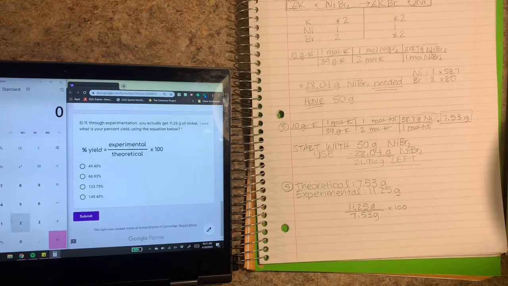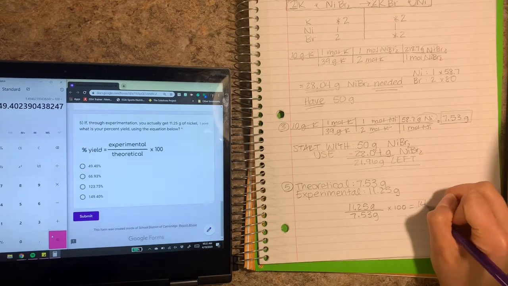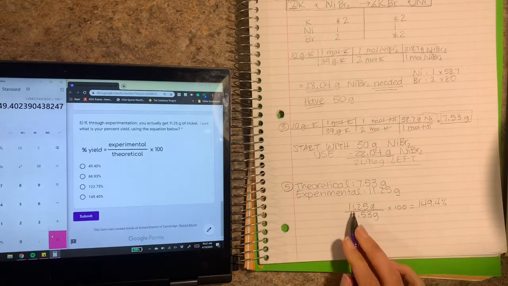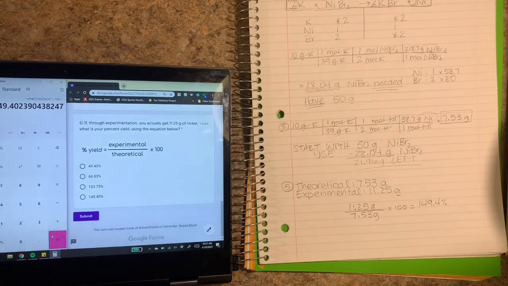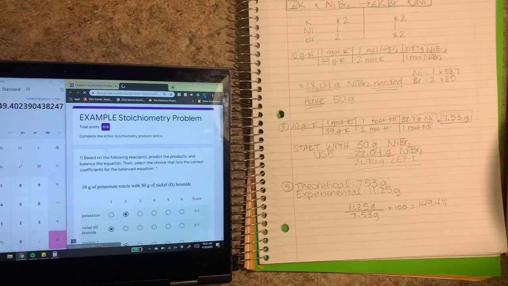So I'm going to just do 11.25 divided by 7.53, and we're going to multiply that by 100 to get an answer or a percent yield of 149.4%. So again, it's over 100 because my top number is larger. And look at that, that is an answer. So I'm going to click that and we're going to hit submit. And what do you know, we got all of our points.